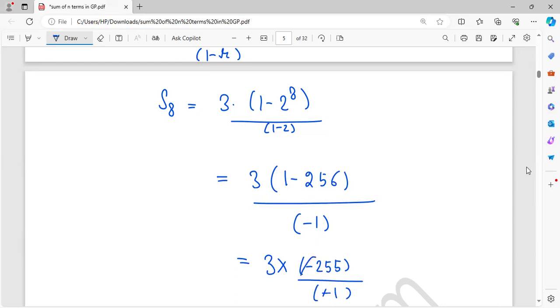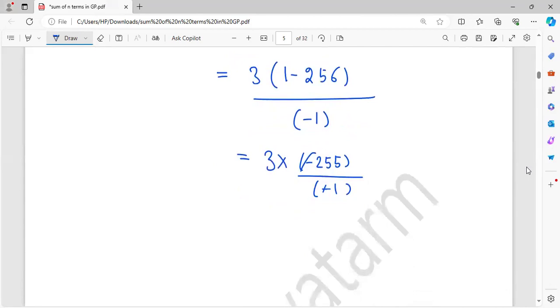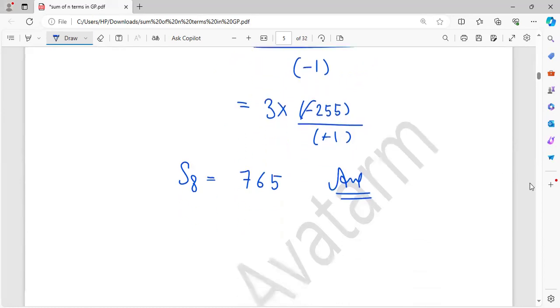So S8 is equal to 765. This is the answer. So the sum of the first 8 terms of this GP is 765.